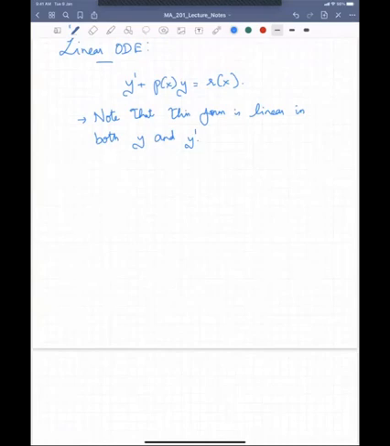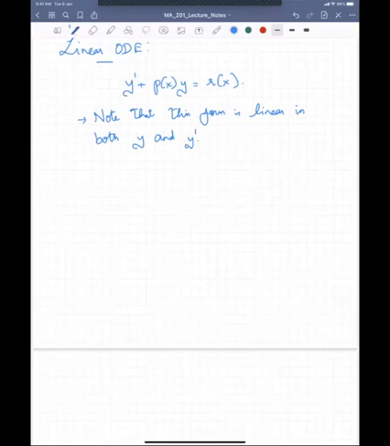Now that the definition of linear is clear, let me develop a solution assuming some general P of x and R of x. Note that there is no restriction on P of x and R of x. They can be any functions of x: x squared, x cubed, sine x, e to the x, whatever it is. There is no restriction of linearity on the functional form of P of x and R of x.